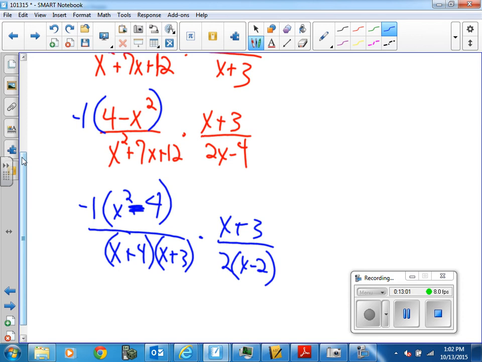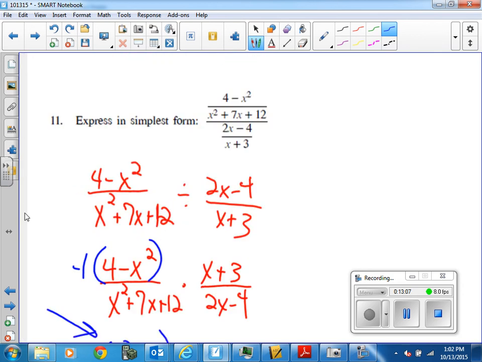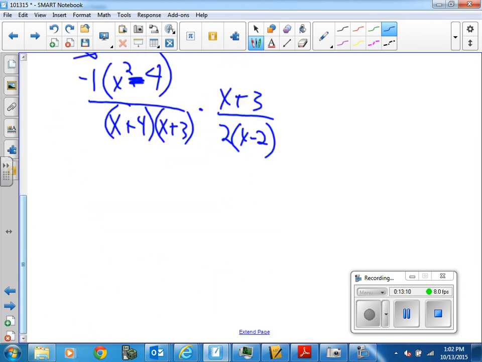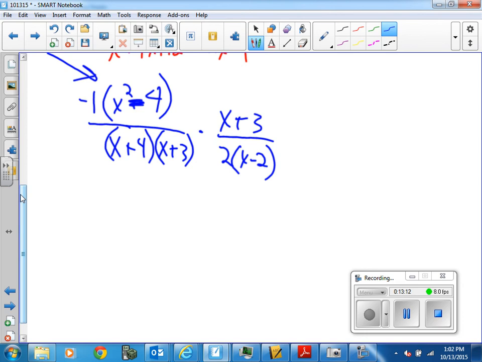Now this top part over here, don't forget your negative 1, you have to keep that as a factor, but now we can have x minus 2, x plus 2.